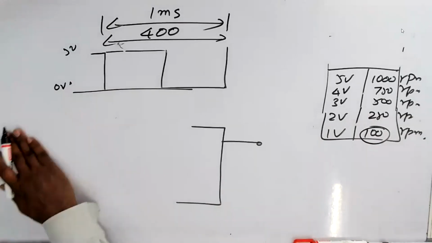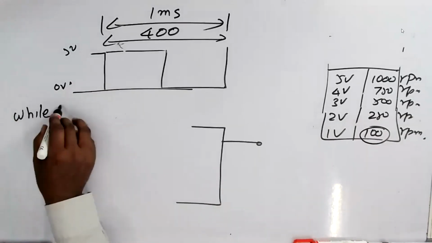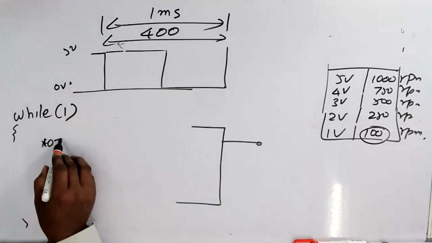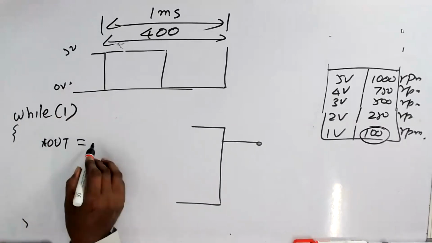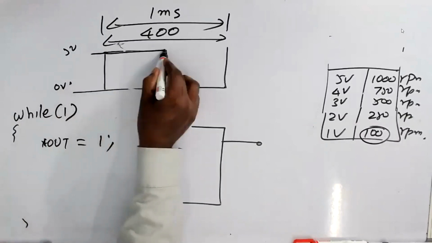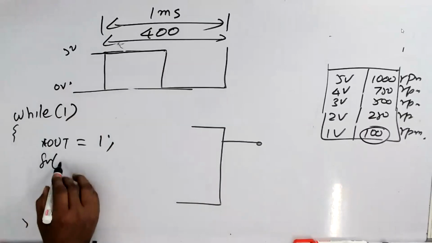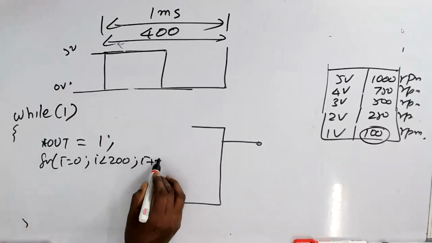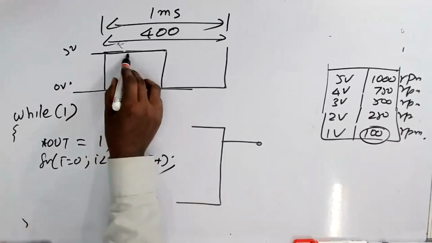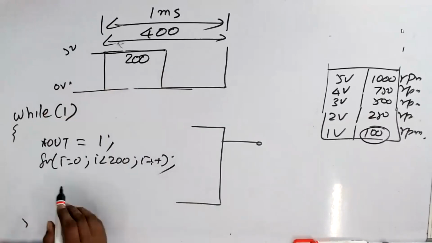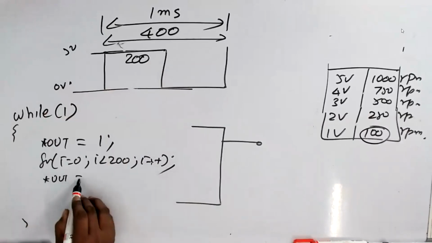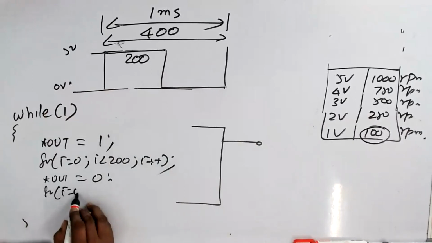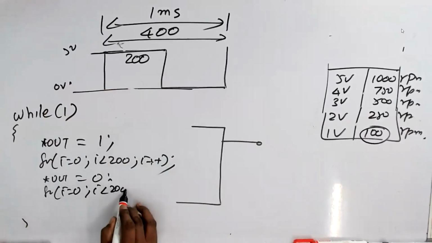While 1, star out equal to 1, I make it on. I say for i equal to 0, i less than 200, i plus plus. So this is 200. Then star out is equal to 0, this is off. Then for i equal to 0, i less than 200, i plus plus.